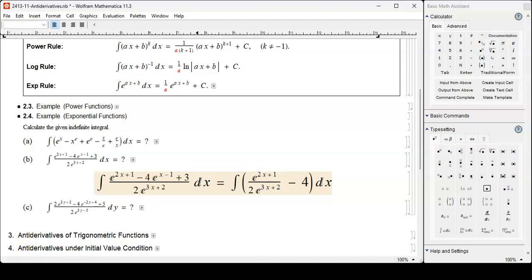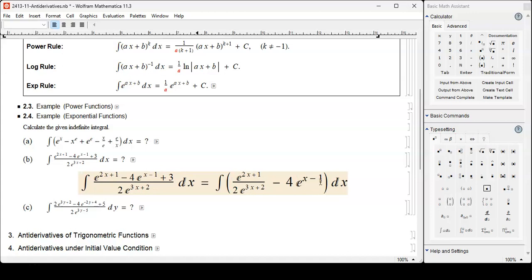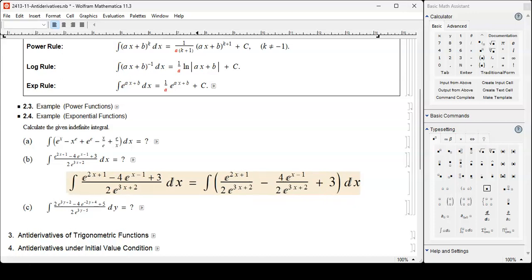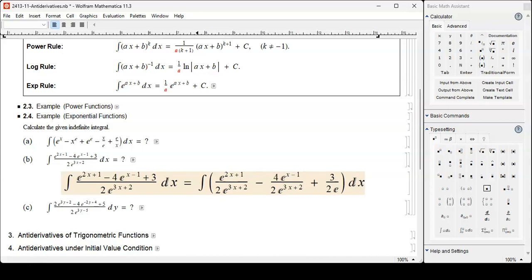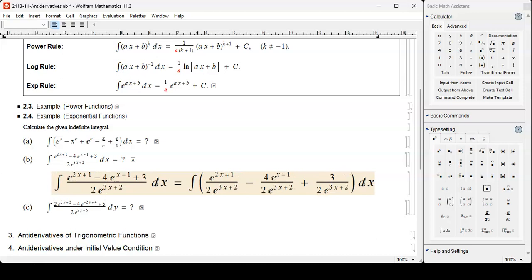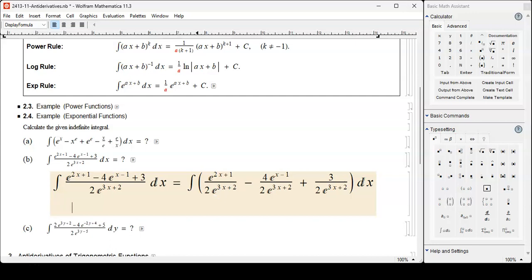And then 4 e to the x minus 1 power divided by 2 e to the 3x plus 2 power, then 3 over 2 exponential of 3x plus 2 power. Okay, all right, let's continue.